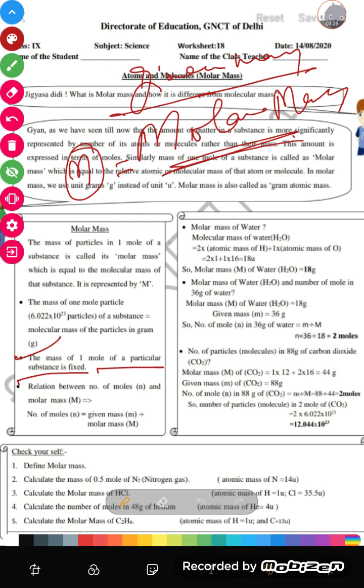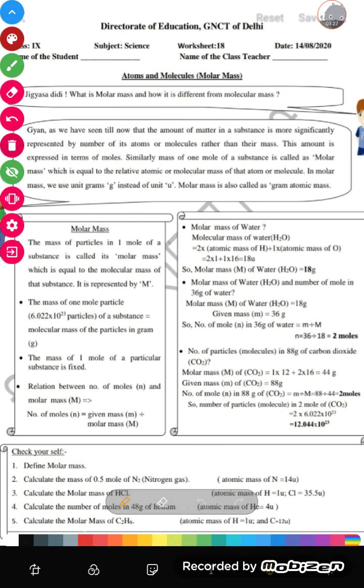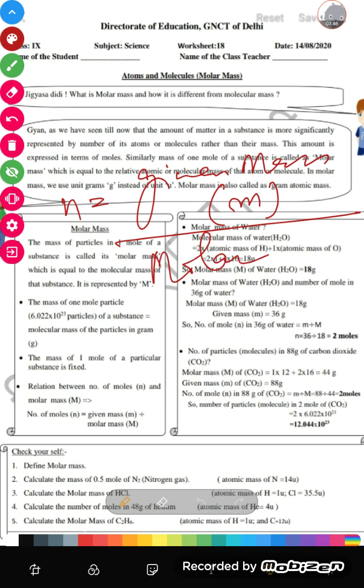Okay, so I will write it again for you. Number of moles equals given mass, which is represented by small m, divided by molar mass, which is represented by capital M.